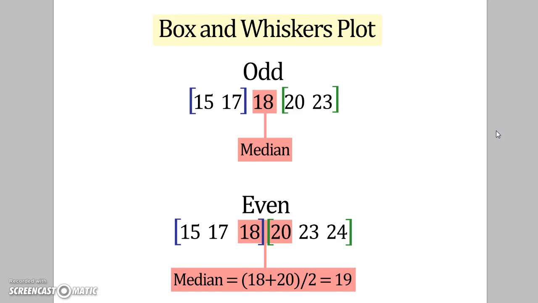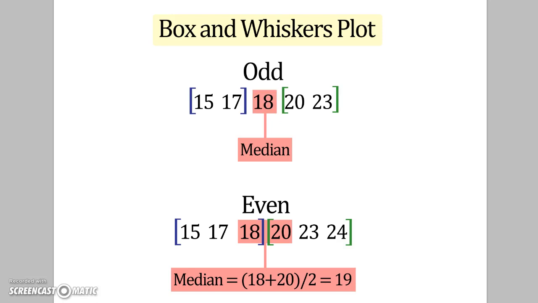So the first step in creating any box and whiskers plot is to find the median value. The first thing you do is you must organize the numbers in order of value. And then once you've organized the numbers in order of value, you find the median point. So when we're talking about odd, obviously the median point would be 18.